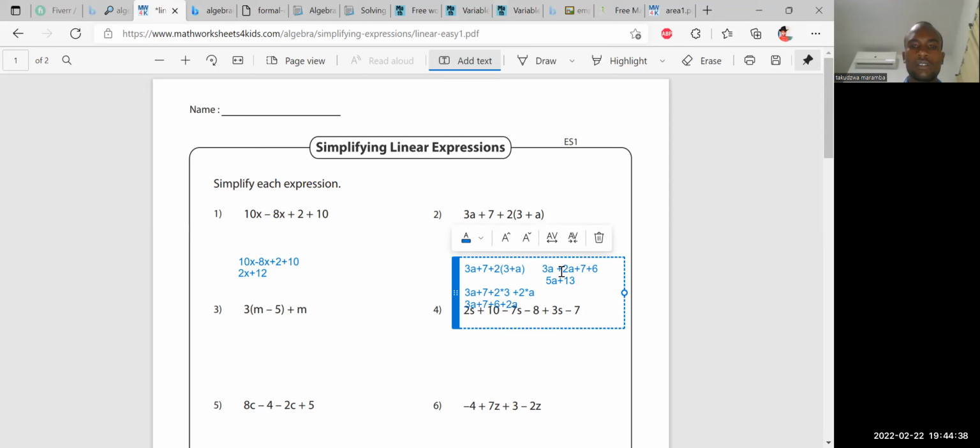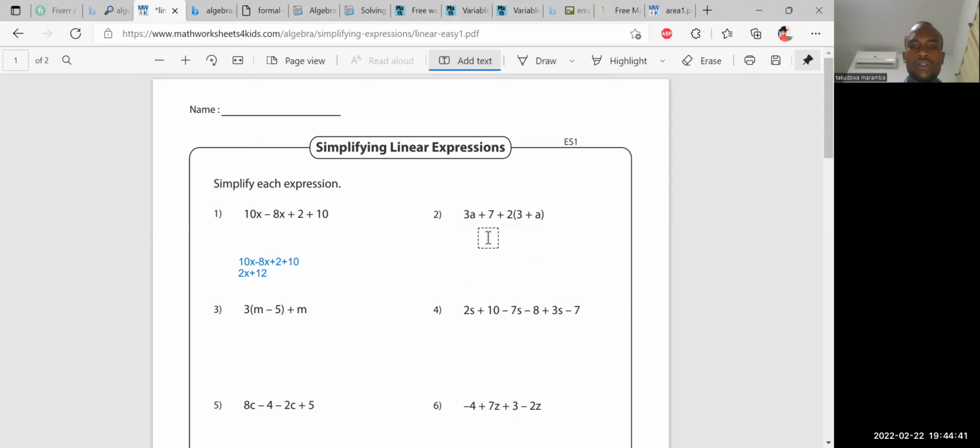Then here, let's solve this one. It is saying 3a plus 7 plus 2 open bracket 3 plus a closing bracket.